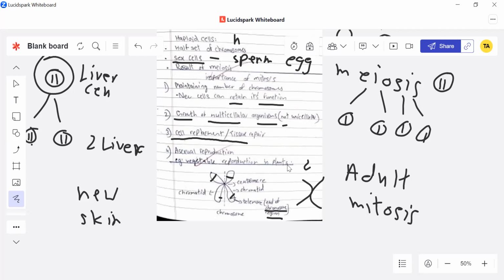I'll get to telomeres after I finish cell division. But other than that, the center is called the centromere, and the centromere's job is to hold the chromatids in place.